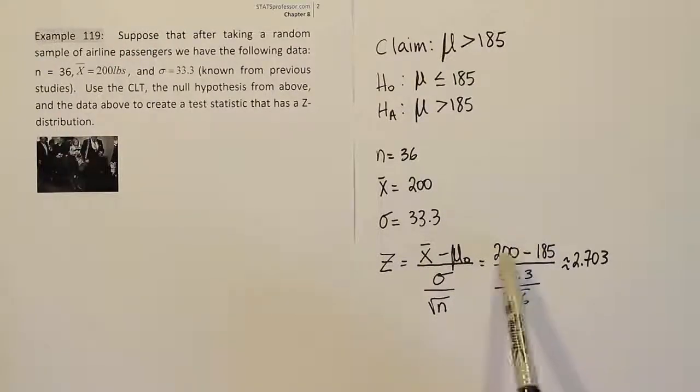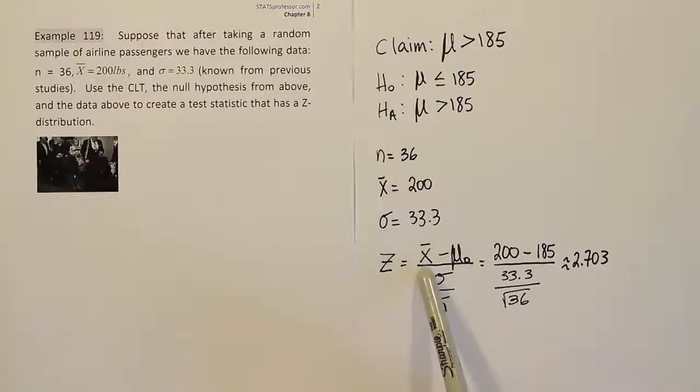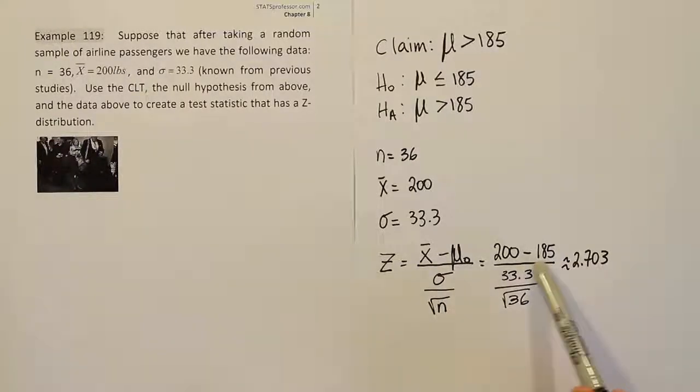So if we see that these two things are close to one another, the top would be very small. So if they were both 200, for example, we would get 0. So the fact that they're apart means that there's some difference between what was hypothesized and what we saw in the real world. If your hypothesis is good, what you see in the real world should be very similar. So this is obviously not the same, so there's a distance. The overall number of the test stat tells you roughly a way to look at that distance, right?